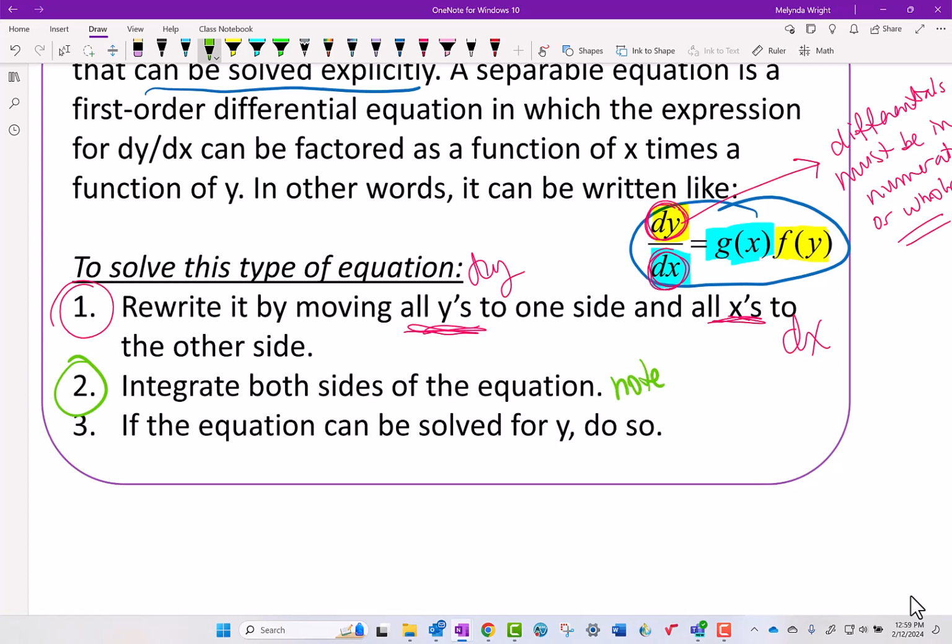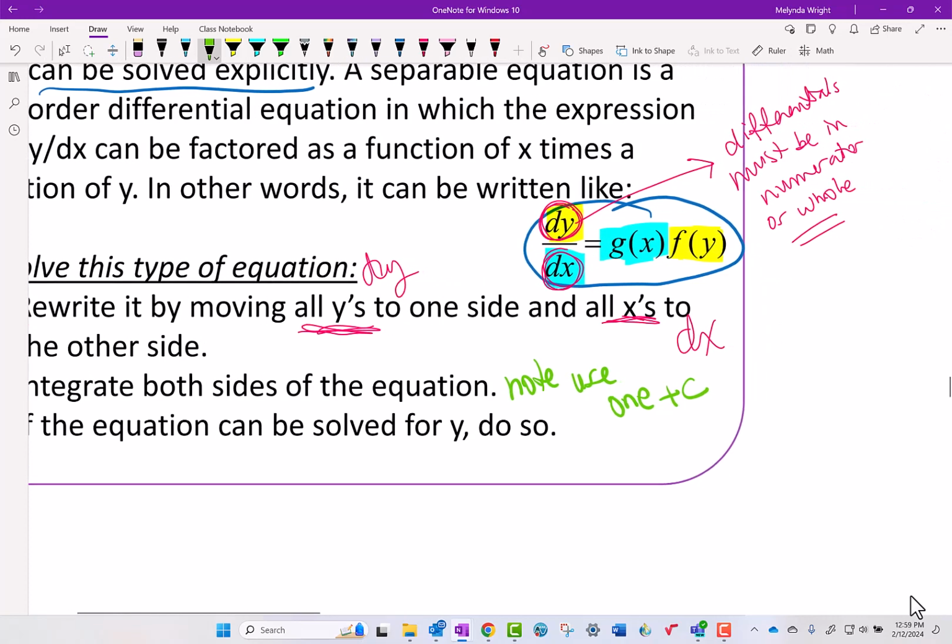We use plus c, and we put it on the right. Now, do you have to do what I'm saying? No. I'm just telling you that is the easiest thing to do. When we integrate both sides, we just use plus c, and we put it on the right side, like with the x's. It just makes our life easier.